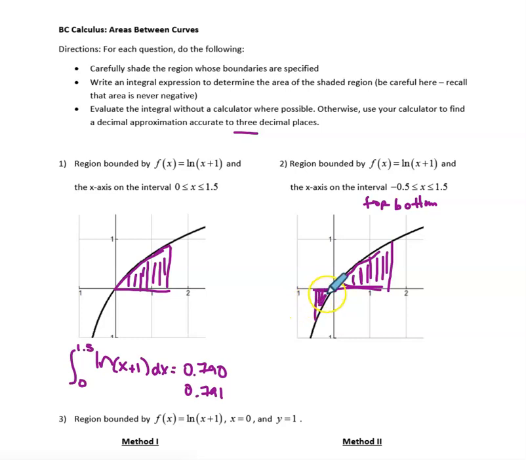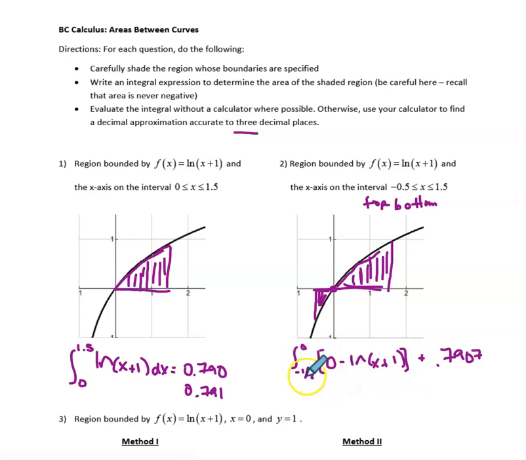So for this section right here, what I'm going to do is integrate from negative 0.05 to 0 of my top curve 0 minus my bottom curve ln of x plus 1. And then I'm going to add to that the integral that we already found representing this area, so 0.790 or 0.791. Let's just do 0.7907 for now.